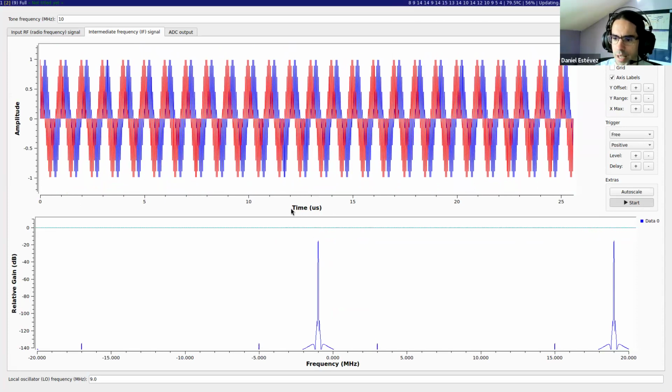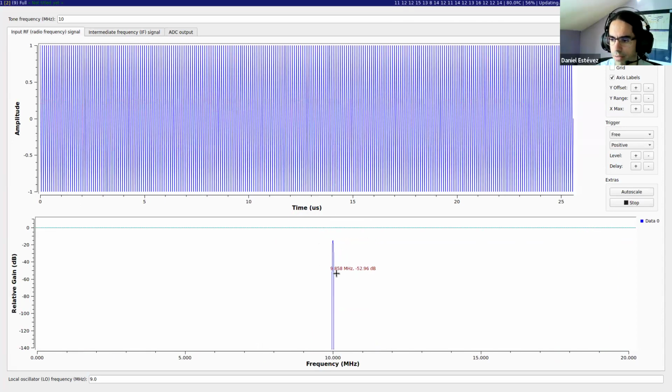And the reason really is that the original signal at 10 megahertz that we had is a real signal because it comes from the antenna. So we can think of it as a cosine function. The cosine function is the same as a complex exponential of plus 10 megahertz and a complex exponential of minus 10 megahertz.